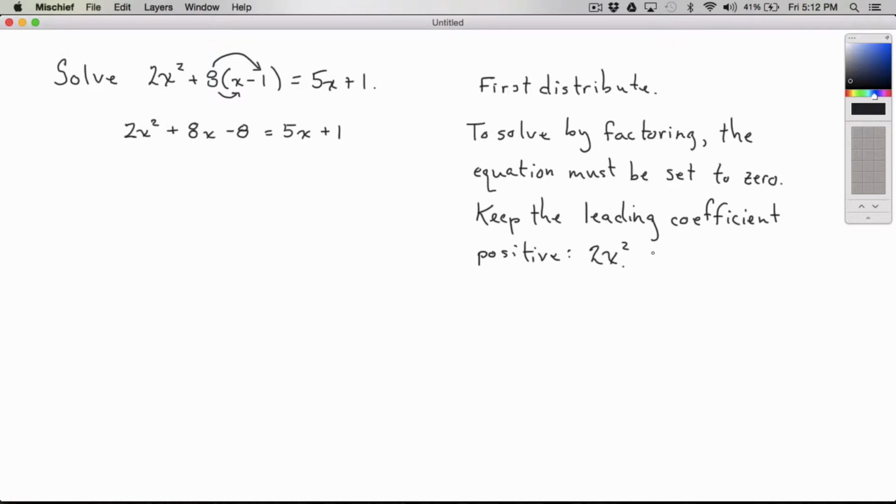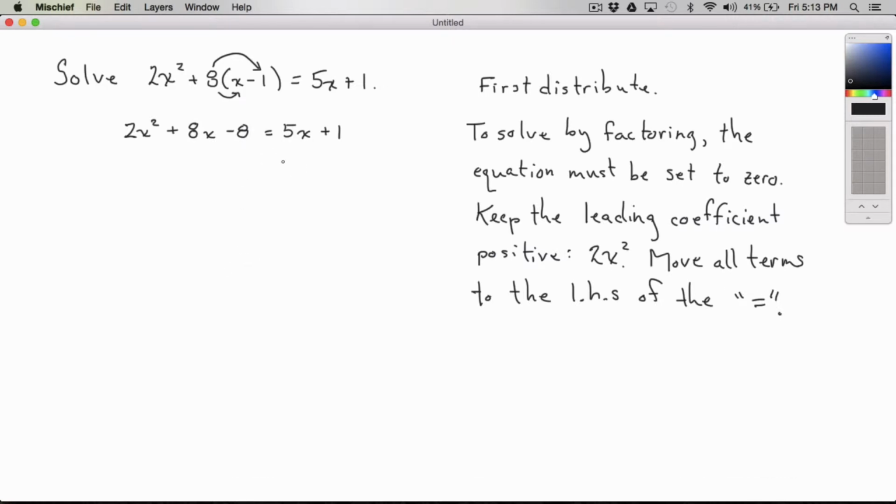So because of that, we're going to move all terms to the left-hand side (LH) of the equal sign. Okay, let's do this.